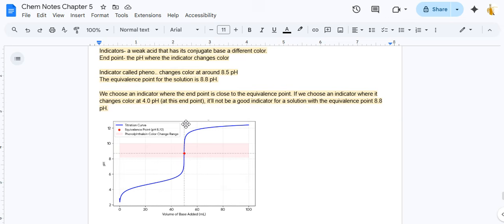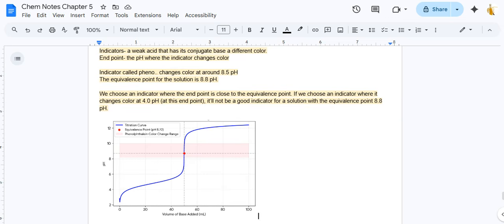And this is kind of like an equivalence line, actually. In this equivalence line, this section, we need an indicator that falls in this section, or an indicator that changes color in this section.